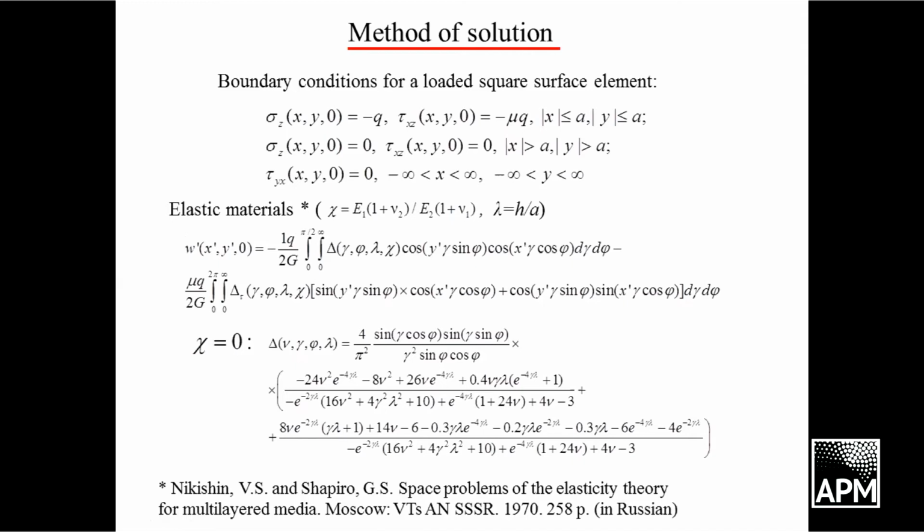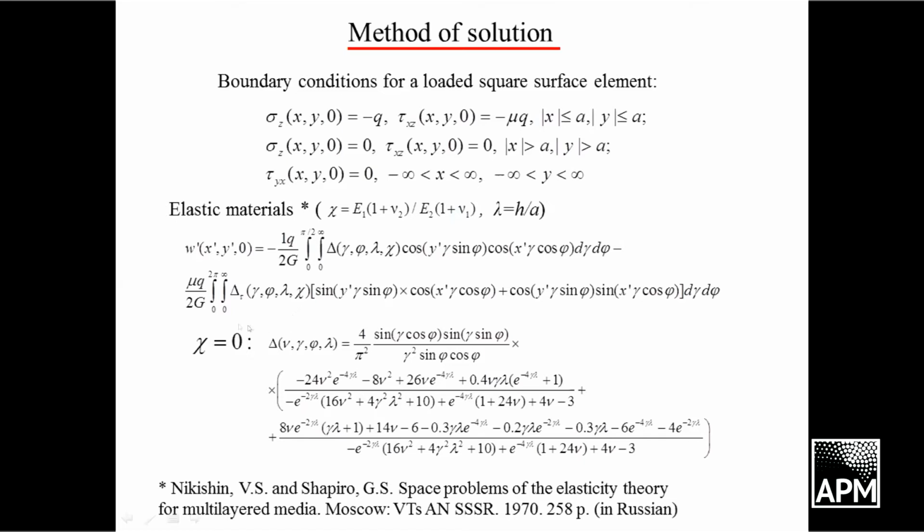And for the case, this function is the function for normal load, and this is the function for tangential load. This function is obtained from boundary conditions using double Fourier transform.